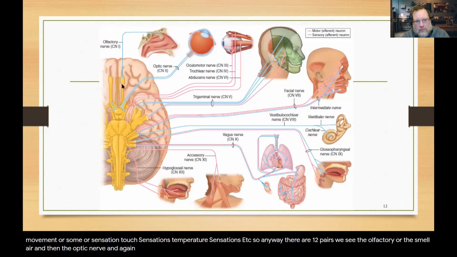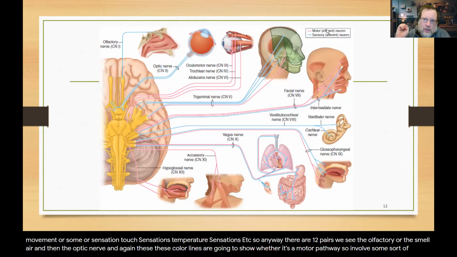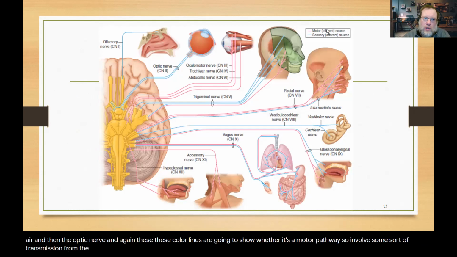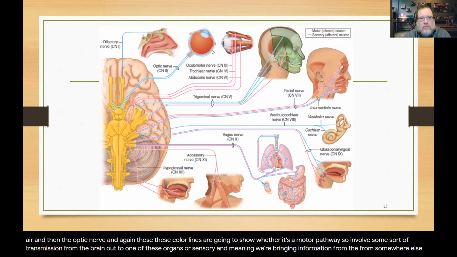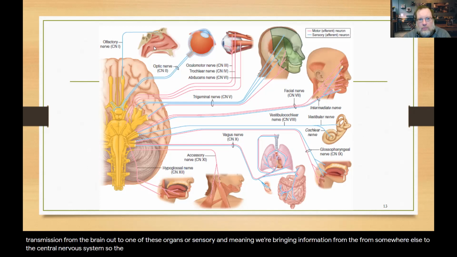And again, these color lines are going to show whether it's a motor pathway, so it involves some sort of transmission from the brain out to one of these organs, or sensory, meaning we're bringing information from somewhere else to the central nervous system. These first couple we notice are blue.